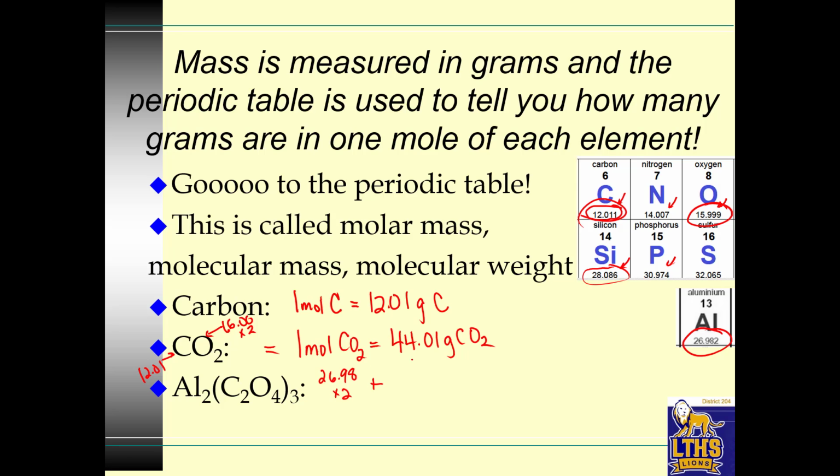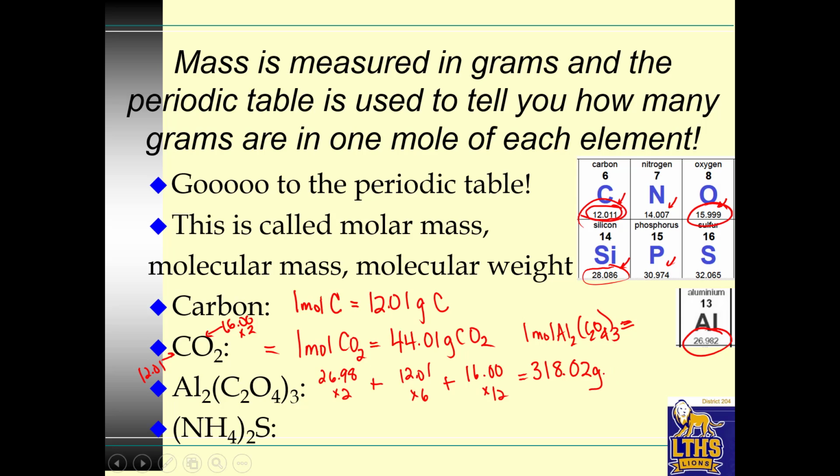Plus there's 6 carbon, so 12.01 times 6, plus there are 12 oxygen, 16.00 times 12, and we find out that 1 mole of aluminum oxalate is going to be 318.02 grams. So we're making an equality. 1 mole of Al2(C2O4)3 equals, I already wrote it, 318.02 grams.